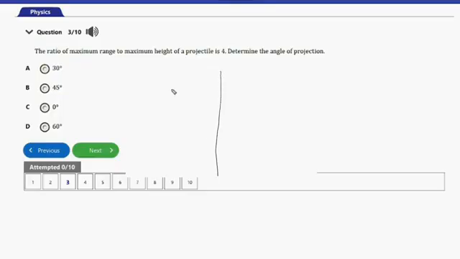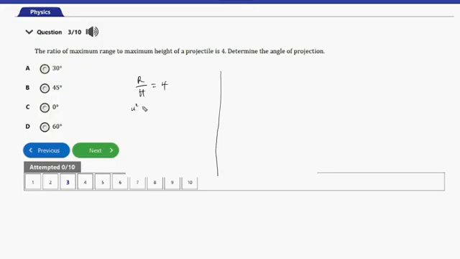Alright, so guys, for us to determine the angle of projection here, we're going to have that the ratio of maximum range to maximum height is the maximum range R over the maximum height H, and that's equal to 4.